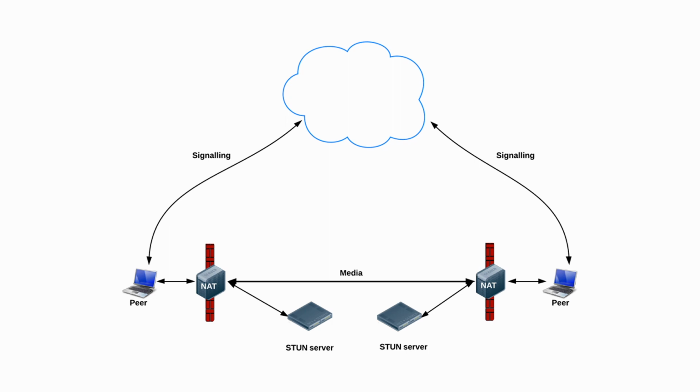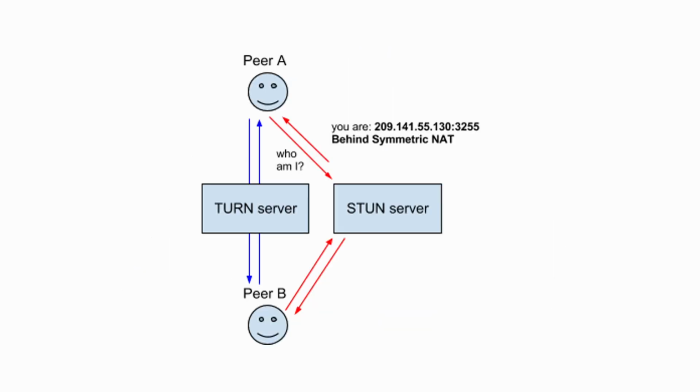In most cases, a STUN server is only used during the connection setup, and once the session has been established, media will flow directly between peers. And if STUN fails, a TURN server can be used as a fallback, relaying data between two peers.